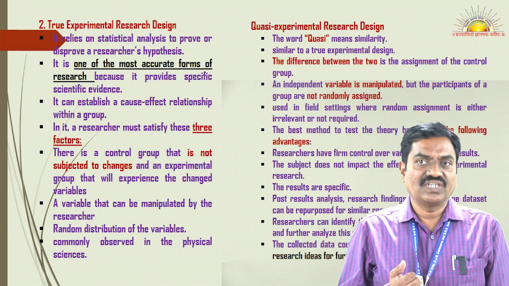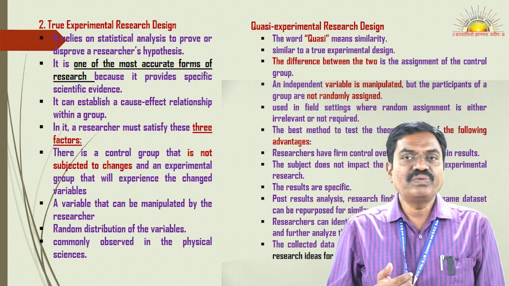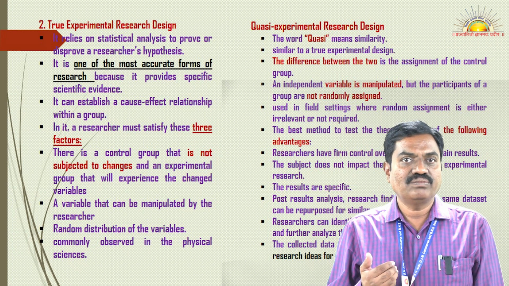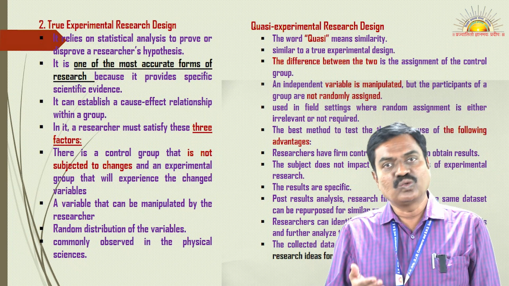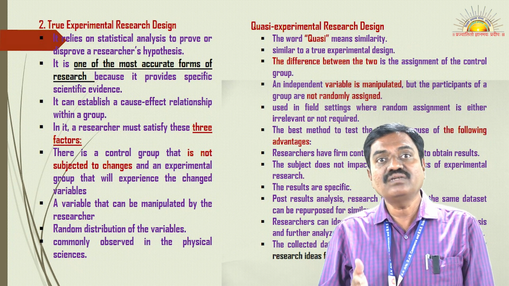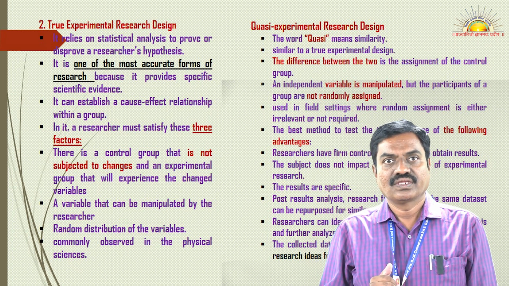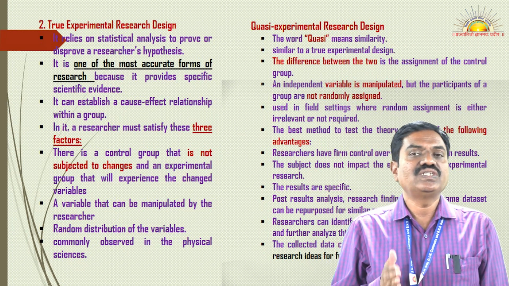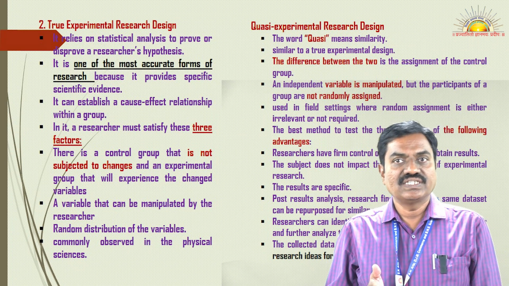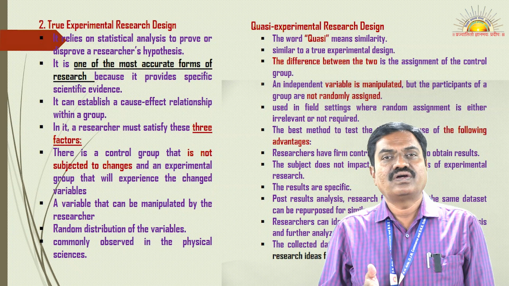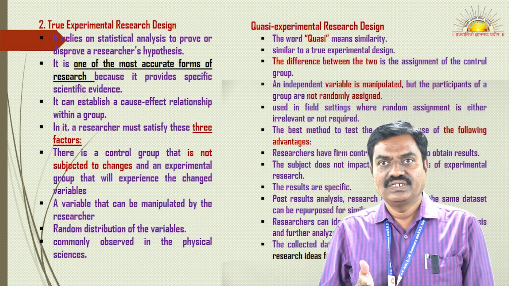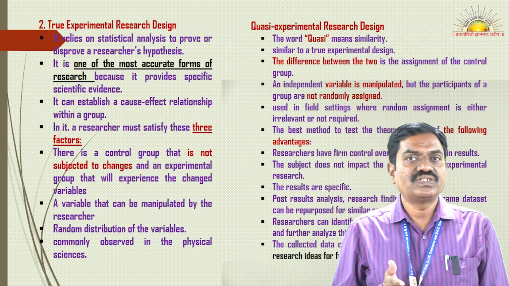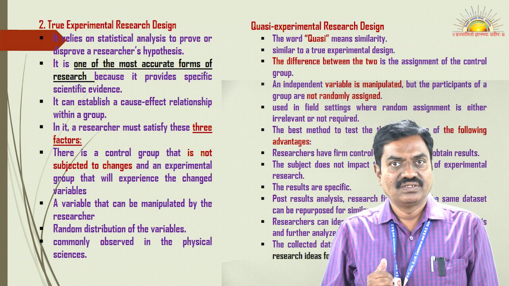In this research design, an independent variable is manipulated, but the participants of a group are not randomly assigned. This type of research design is used in field settings where random assignment is either irrelevant or not required.